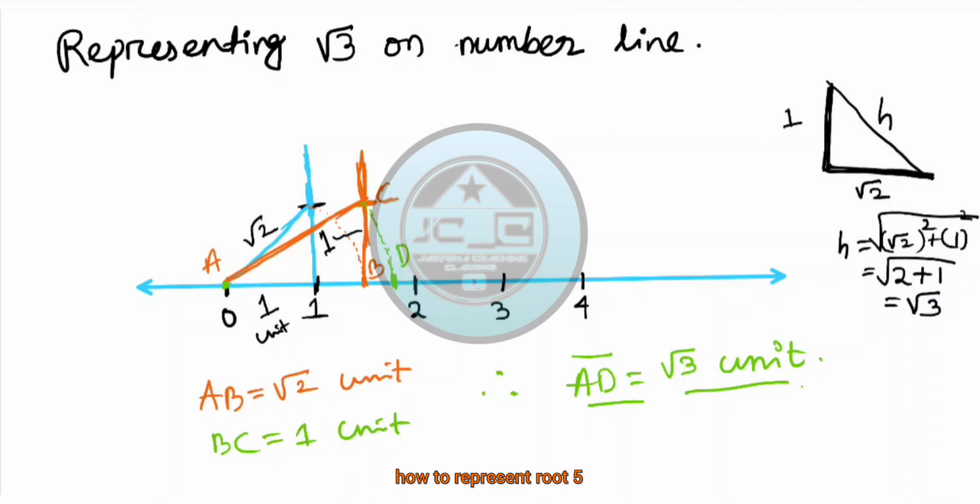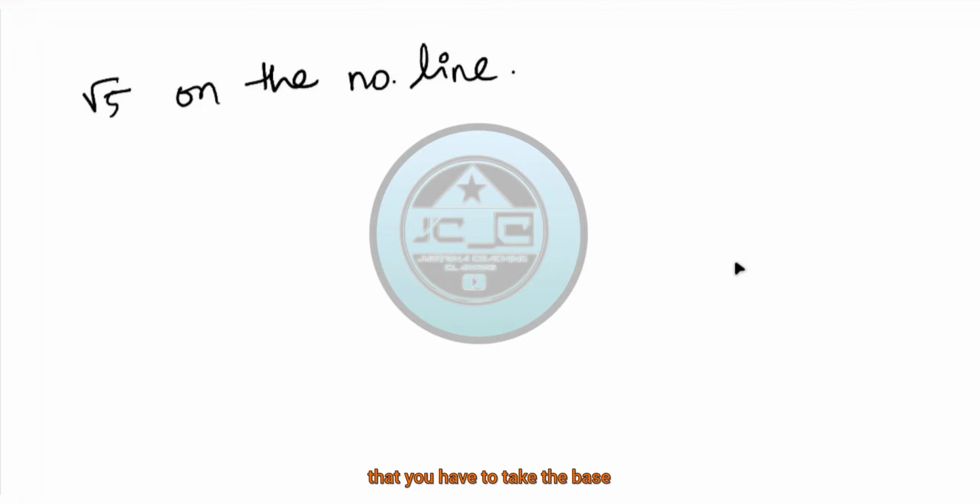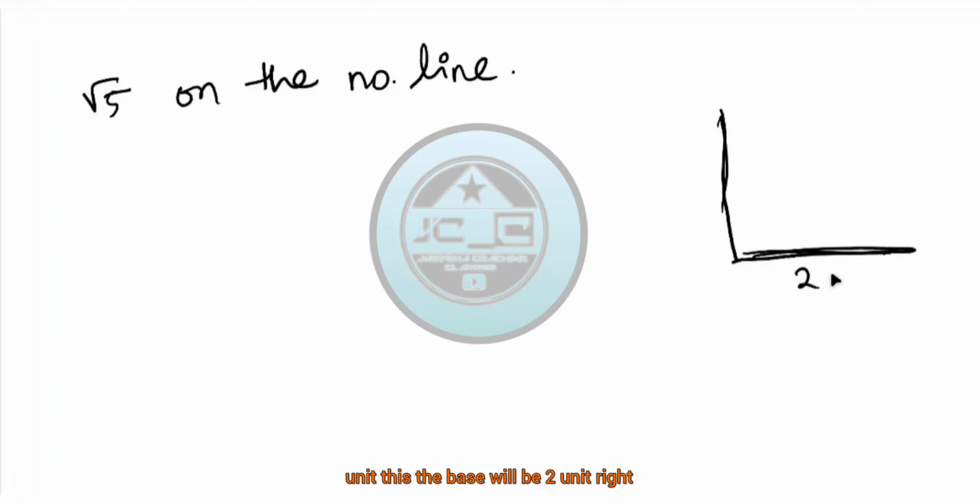Along with this, I am giving you the idea of how to represent root 5 and root 7 on the number line. Let's have them. In order to represent root 5 on the number line, you have to take the base as 2 unit, and the perpendicular would be 1 unit.